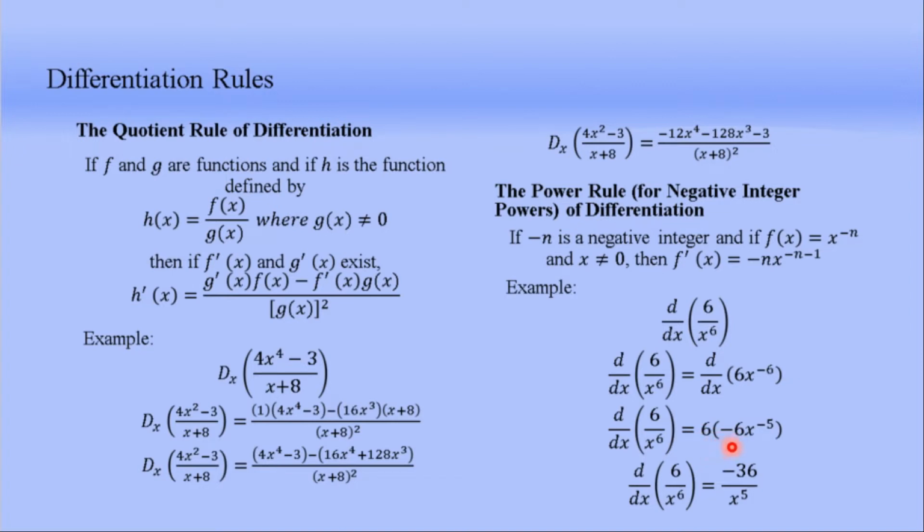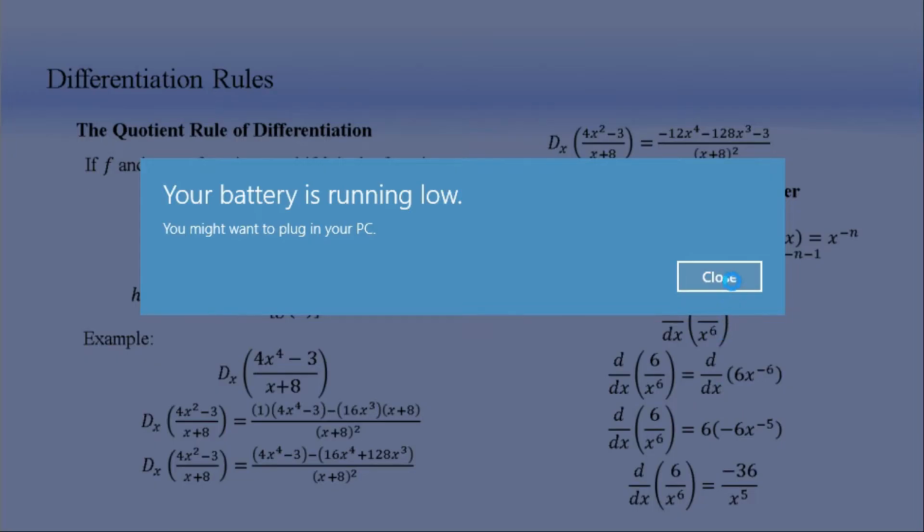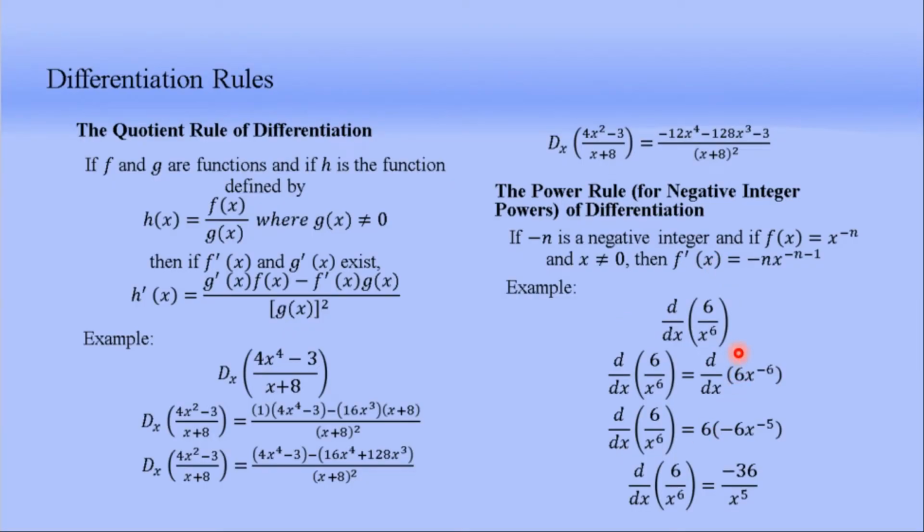So 6 times negative 6 is negative 36. And we're just going to bring down the x raised to negative 5. Since we brought it down to its original place, the variable x is going to be positive. So the derivative of 6 over x raised to the 6th power is negative 36 over x raised to the 5th power.